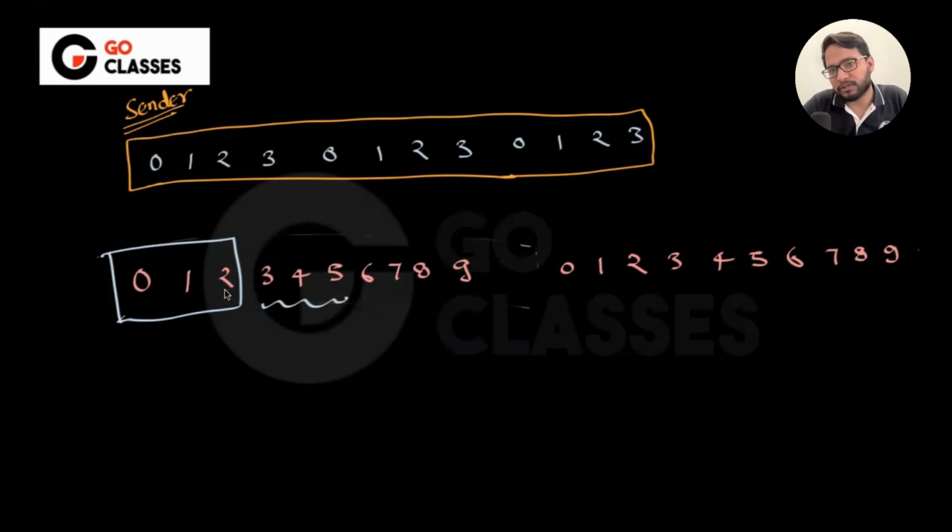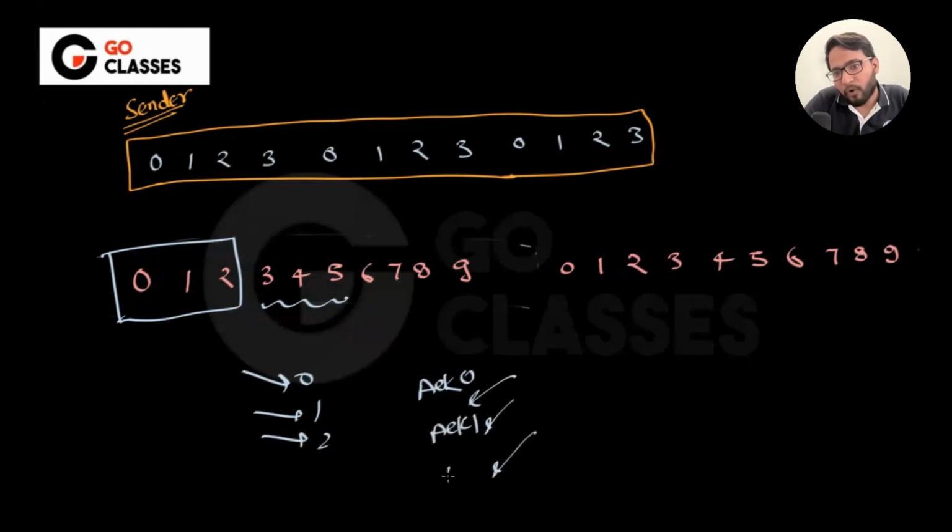Even if all of this is lost, even if ACK for 0, ACK for 1, ACK for 2 are all lost, receiver is waiting for 3, 4, 5. You are sending again 0, 1, 2, there is not a problem, right? 0, 1, 2, you can definitely send. It seems like 0, 1, 2 is fine.